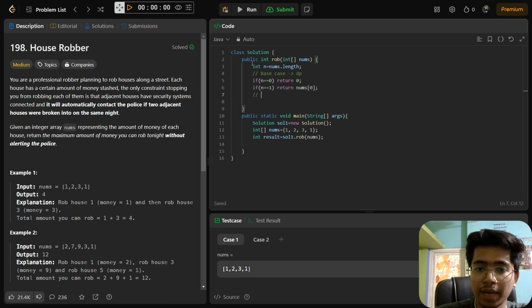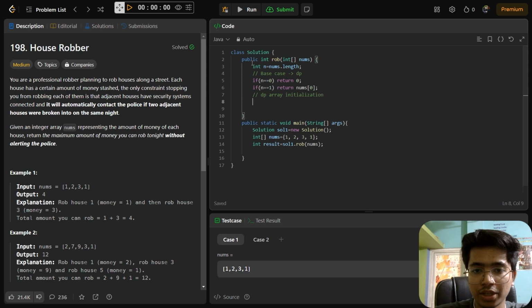Now we'll be initializing a dynamic programming array to store the sum of all houses one by one. So for that, dp array initialization: integer dp equals new integer n.